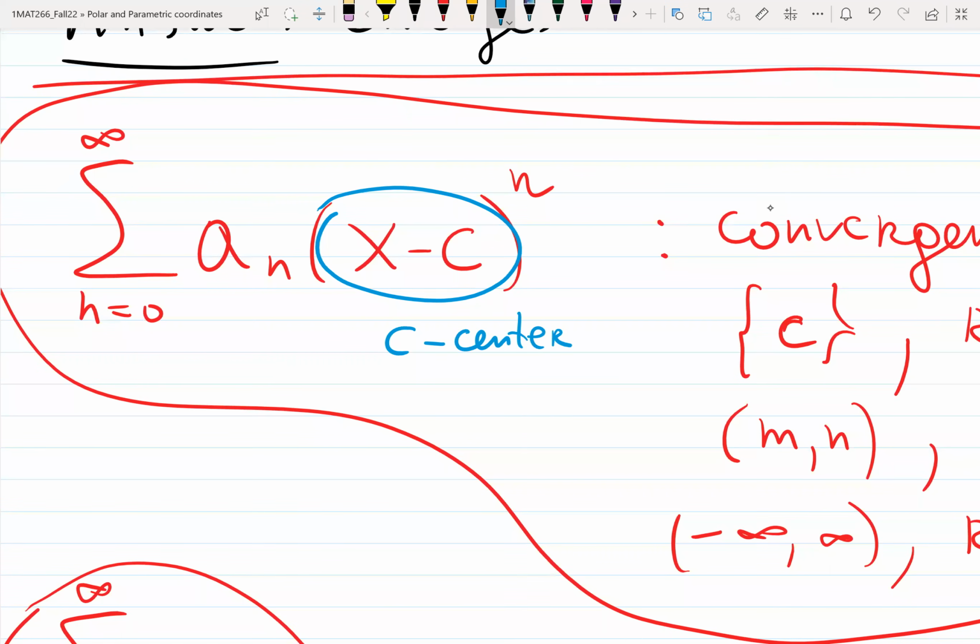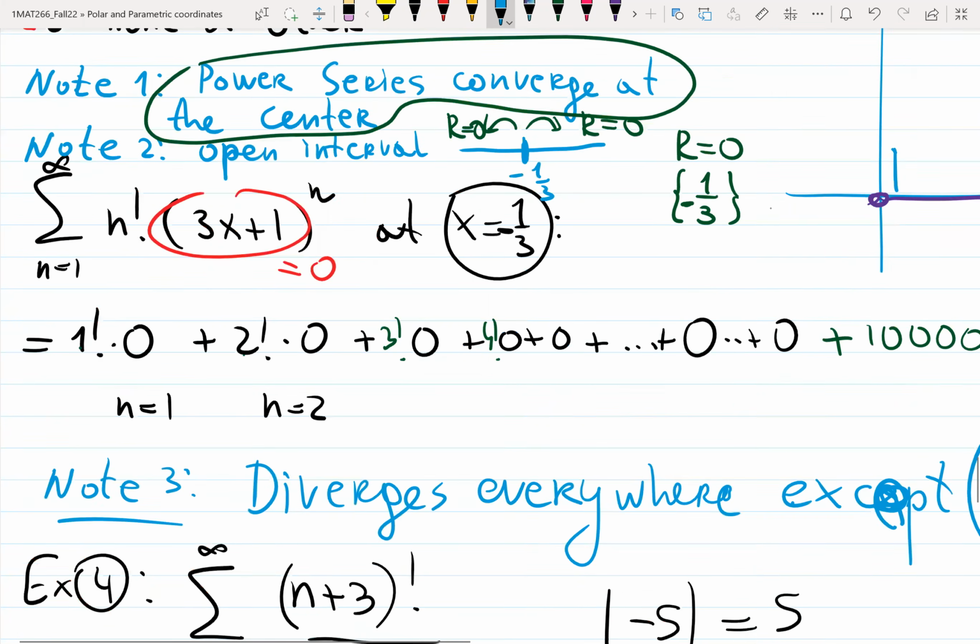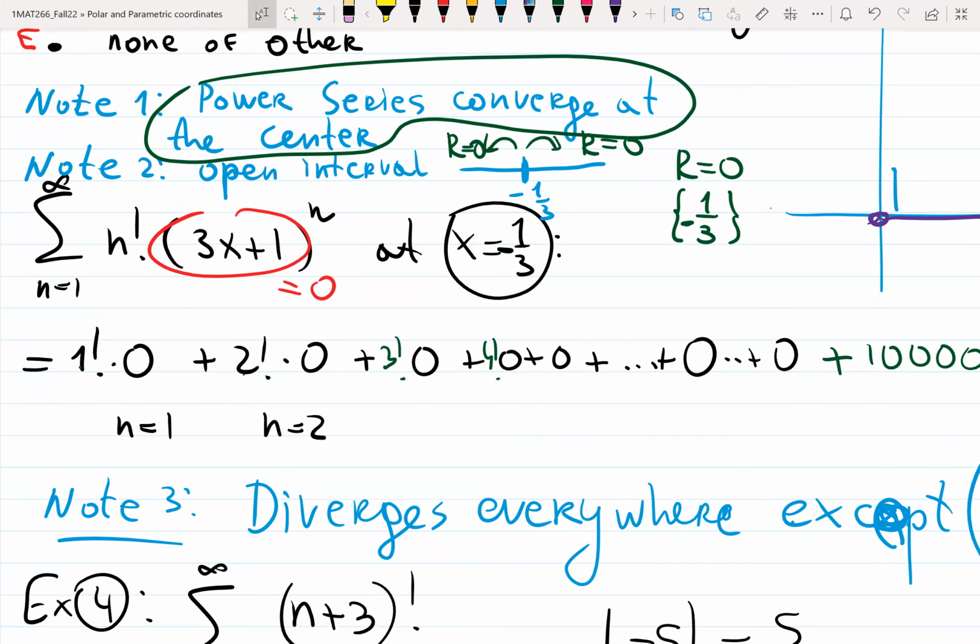As you can see from the formula, c makes the whole series 0. That's why it converges there all the time, because x minus c, when x is c, will give you 0. So knowing this, I needed to find where it gives me 0 for 3x plus 1. 3x plus 1 is 0, 3x is minus 1, x is minus 1/3. I solved for that. That's the way I would explain it.